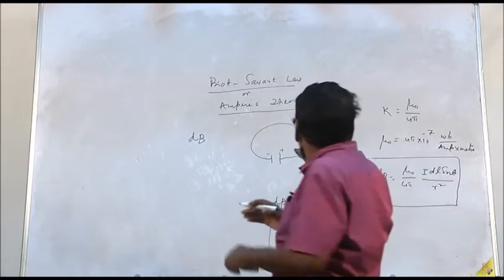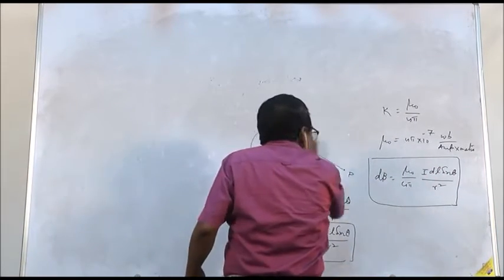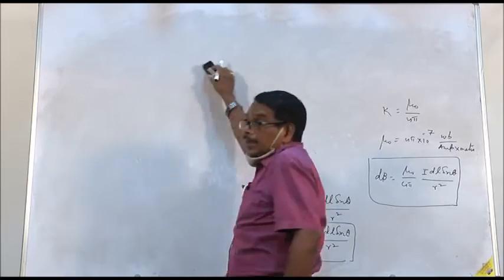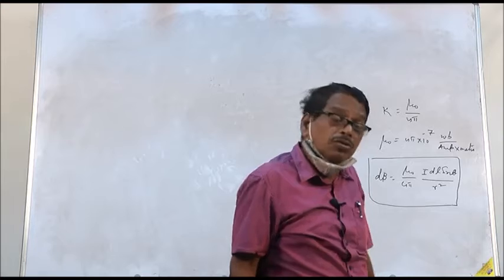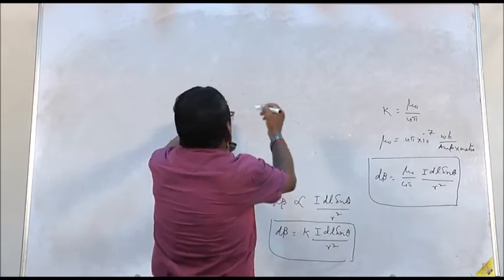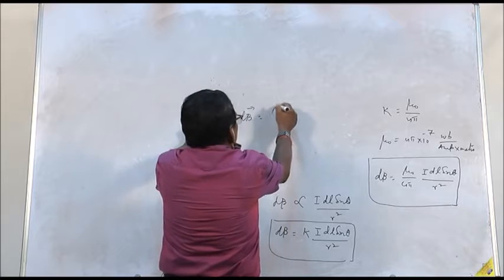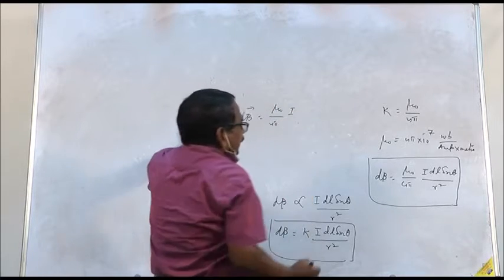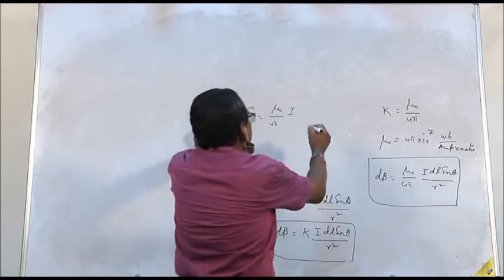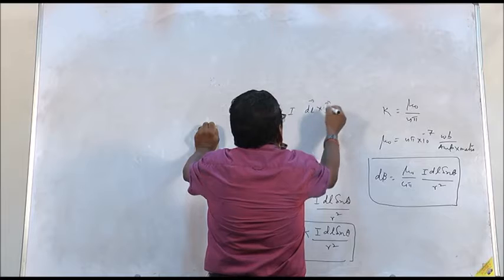Now, you know that magnetic flux density is a vector quantity. Therefore, this flux density can be represented vectorially. How to represent it in vectorial form? So, dB vector, mu 0 by 4 pi I dl sin theta by R square, can be written as what? dl cross R by what?